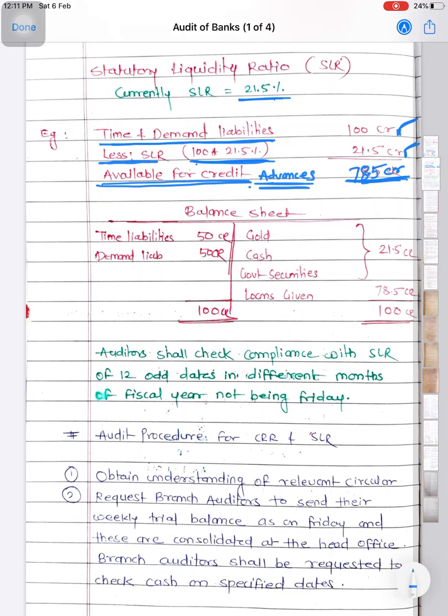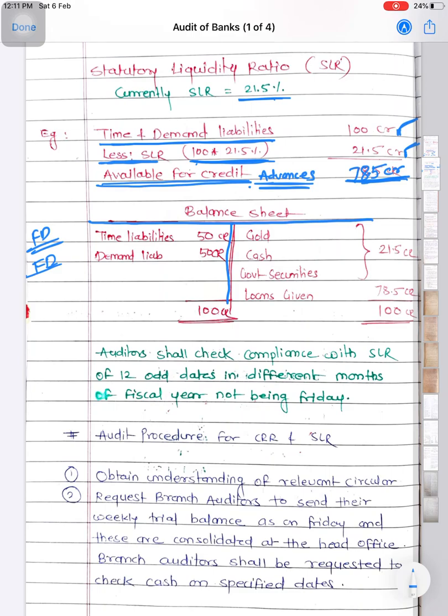To make it further easier, let's say I have drawn here the balance sheet of the bank. Time liabilities means payable after a certain time, and demand means payable on demand. Fixed deposits will come here, which are payable after maturity, and demand liabilities may also include FDs with the option to realize at any time.